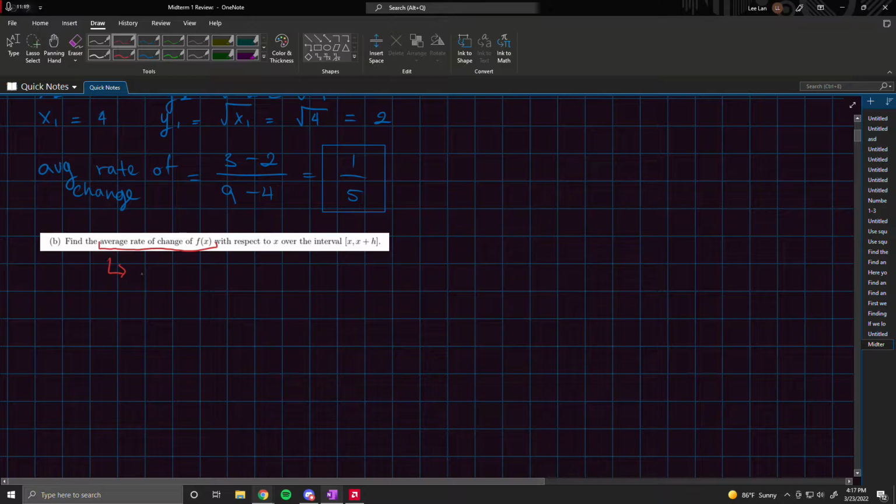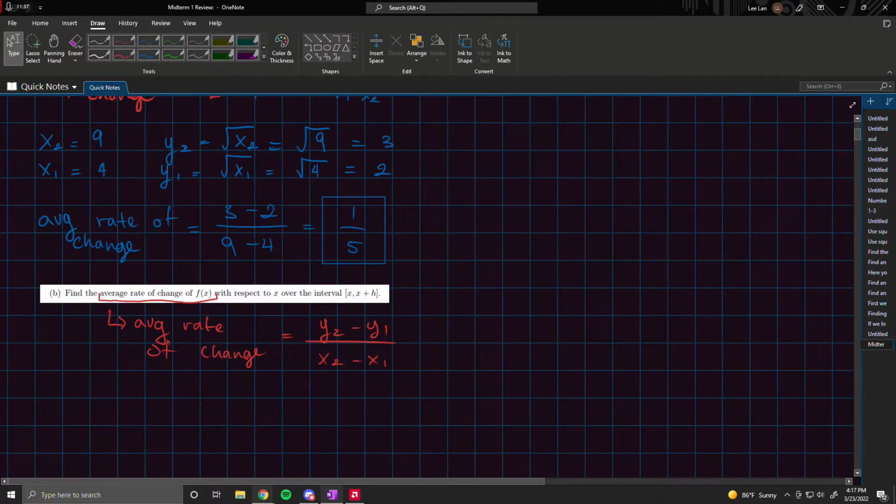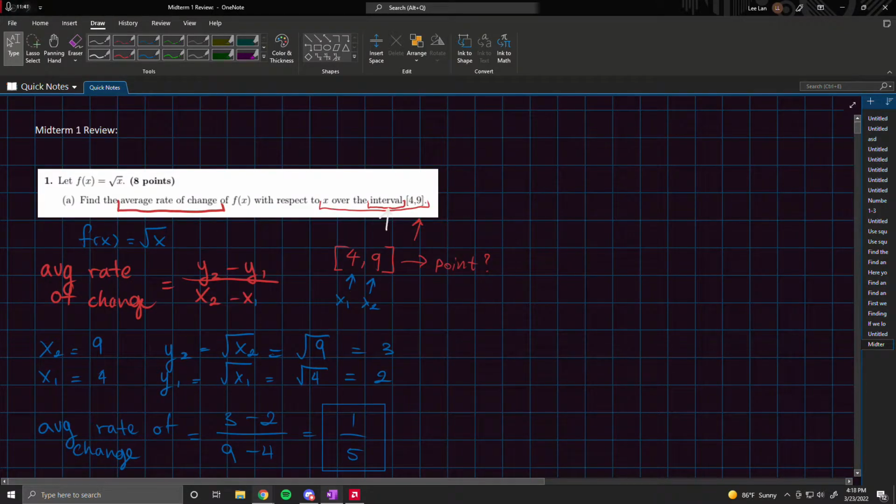So, find the average rate of change. Well, that's the same formula from last time: y2 minus y1 over x2 minus x1. And with respect to the interval x, comma, x plus h.